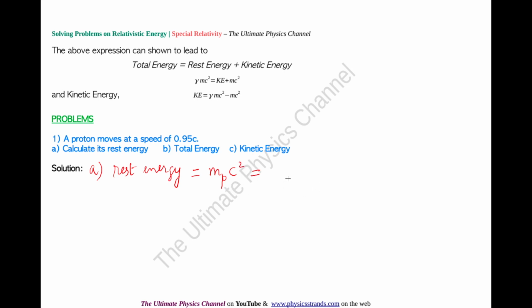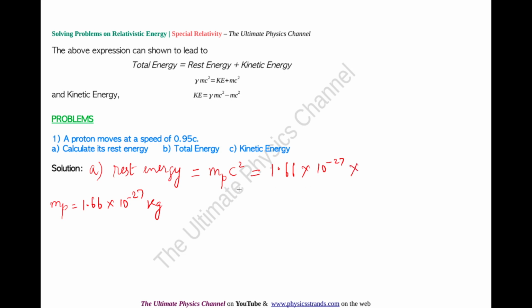The mass of the proton can be taken to be 1.66 into, up to 2 decimals only I'm taking, 10 power minus 27 kg. The energy unit is going to be joules, or kilogram meter squared per second squared.